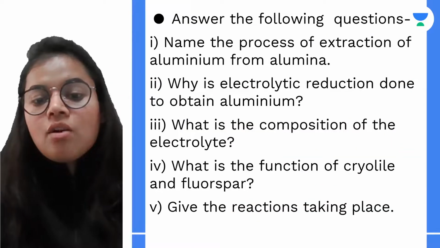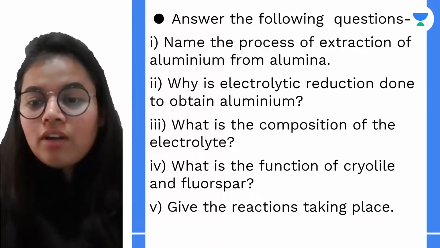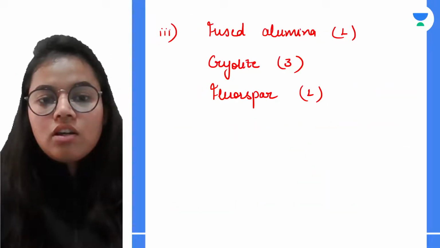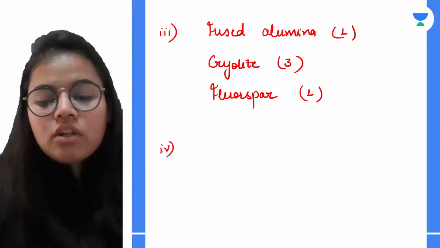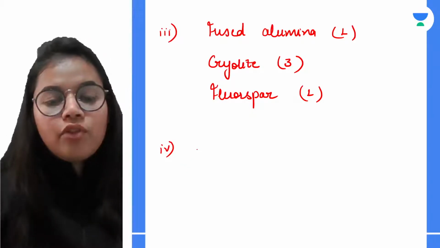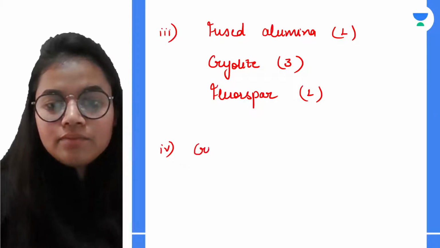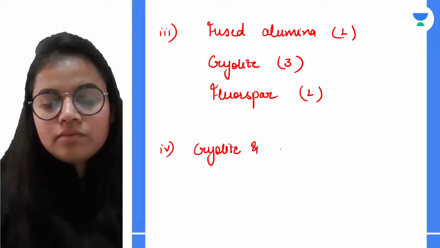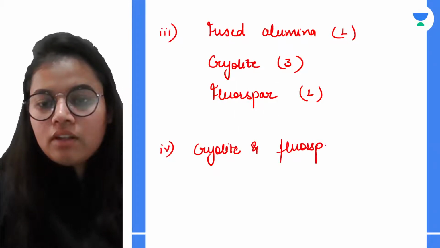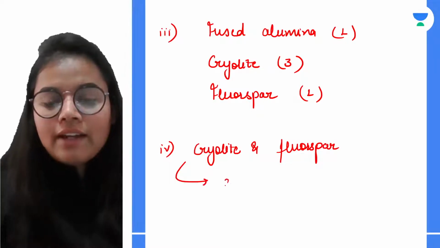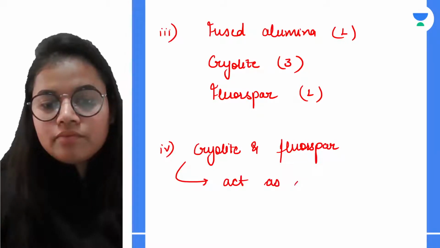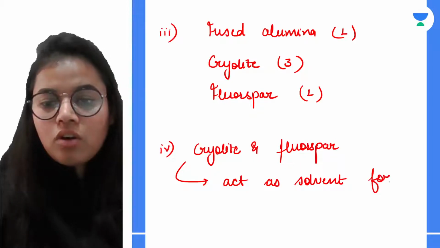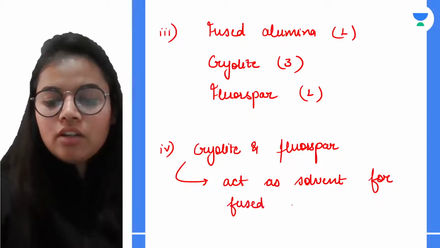Next is, what is the function of cryolite and fluorspar? Let me note it down here. Cryolite and fluorspar act as a solvent for the alumina. So they act as solvent for fused alumina.